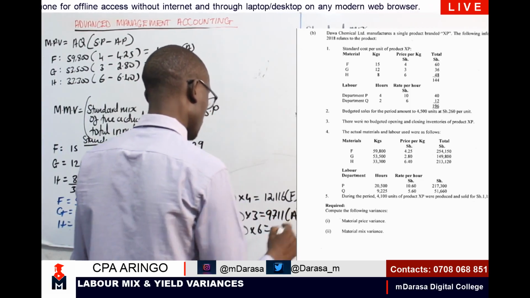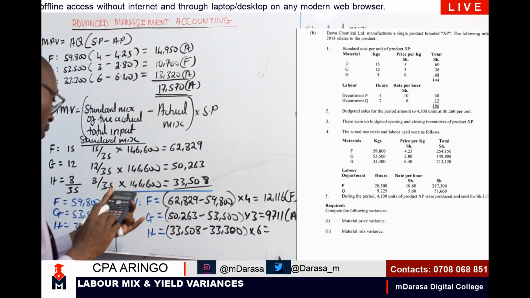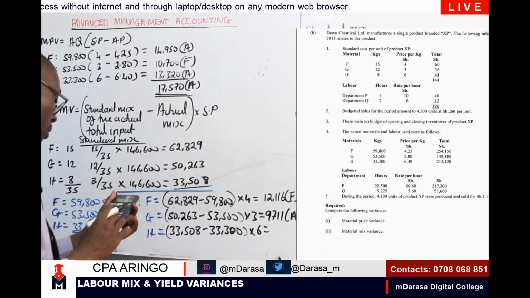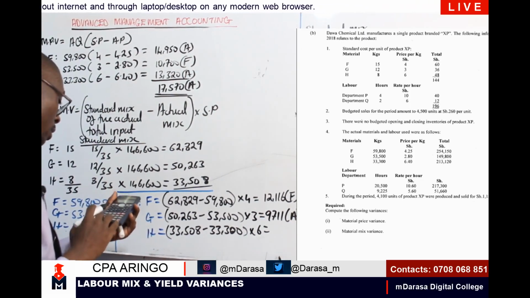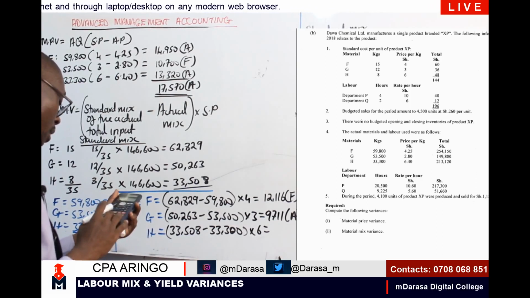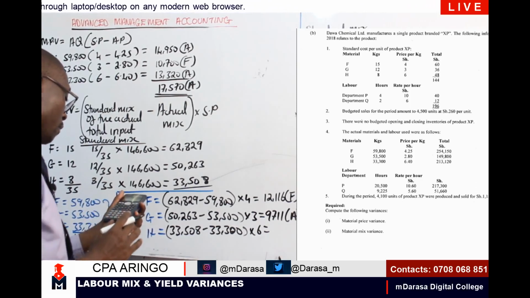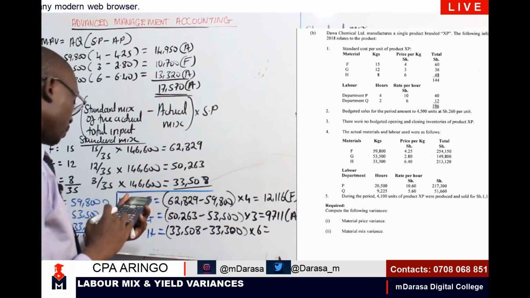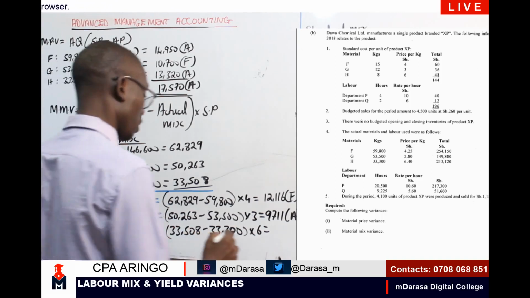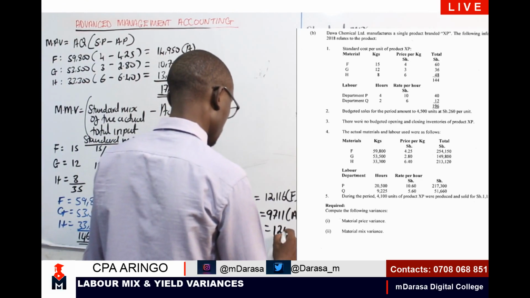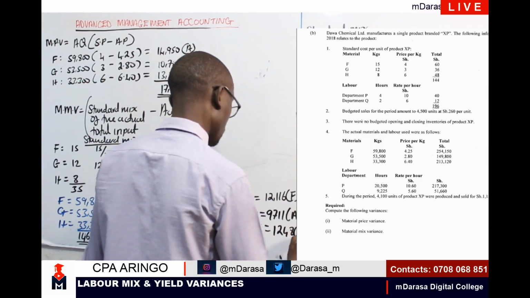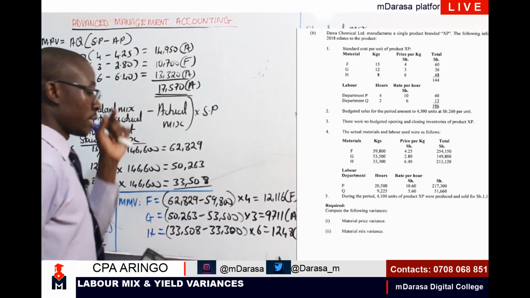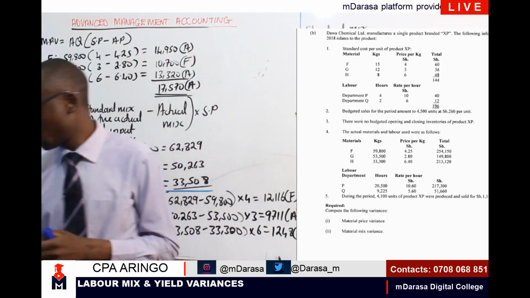Then lastly, we are talking of 33,508 minus 33,300, by 6, to give us 1,248 favorable. So that is what Mwalimu is getting, and that is what you should get, guys.